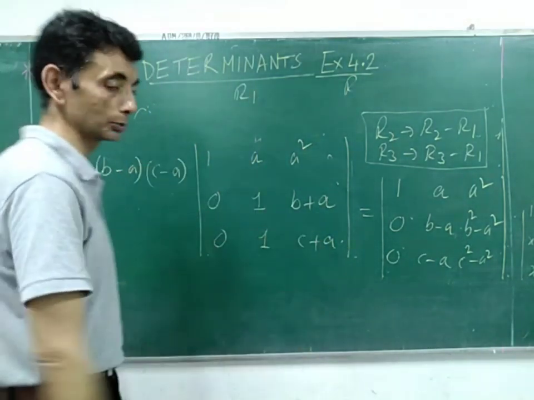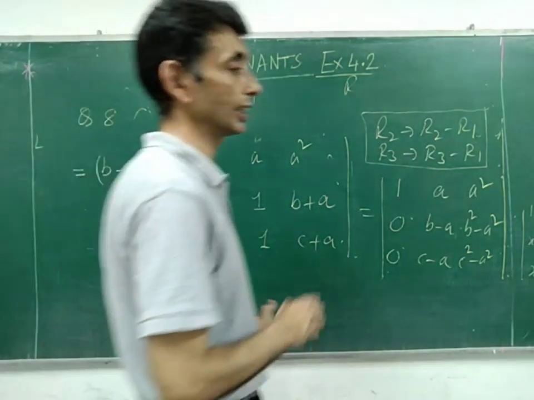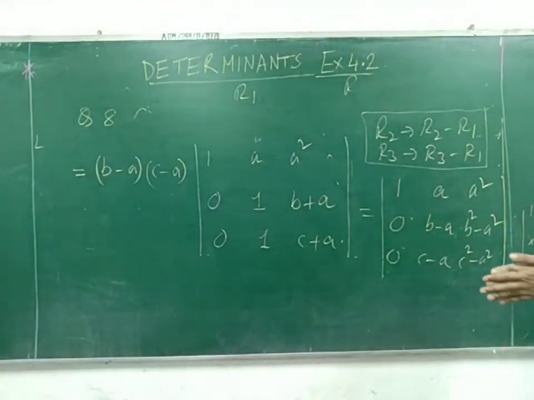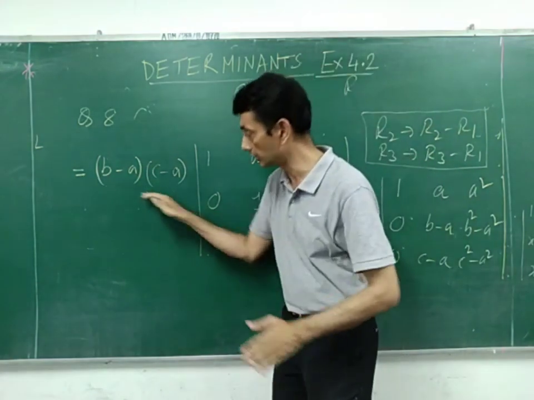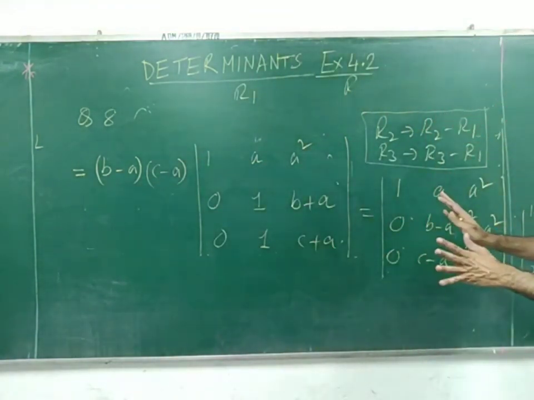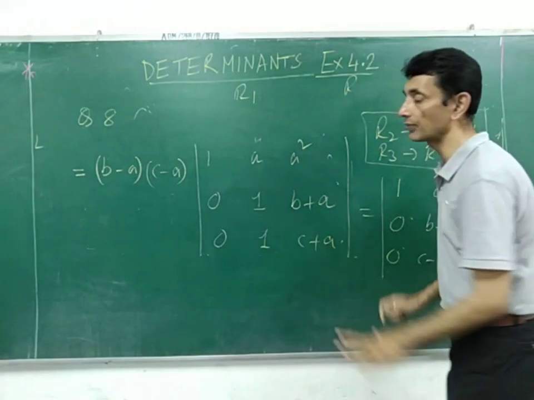You are converting to 1, 0. Thereafter you check whether more simplification is possible in the determinant. Yes, here it's possible, and these are the terms you can take common. After that, this is the simplified determinant.